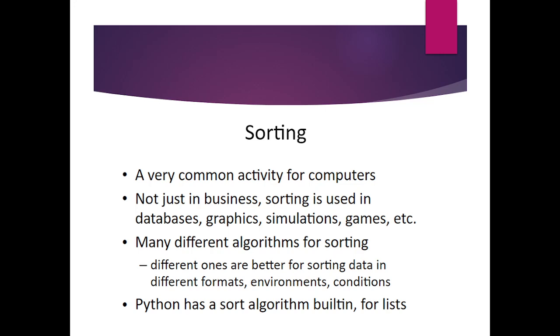If you have users, we have the n count for the users list. In games, for example, if you have events, this will sort from the new event to the old event. There are many different algorithms for sorting. Different ones are better for sorting data in different formats, environments, and conditions. Python has a sort algorithm built in for lists. So in Python, we already have the built-in algorithm for our list.